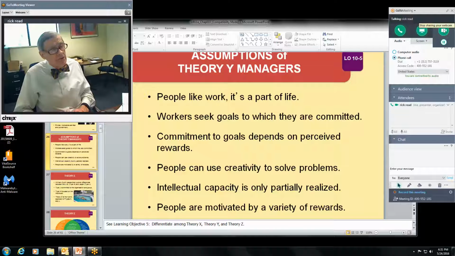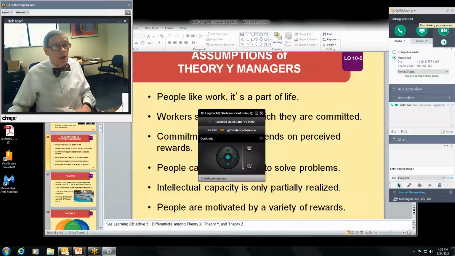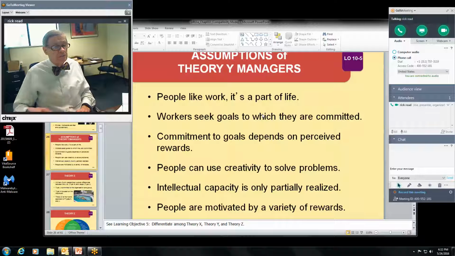People are creative. They like to solve problems. And that the intellectual capacity of employees is only partially realized because in many cases they're not challenged. And finally, that it's not just money that motivates people at the job. There are many ways to motivate people at the job, or to put motivation in place to get people to motivate themselves. It's not just money.